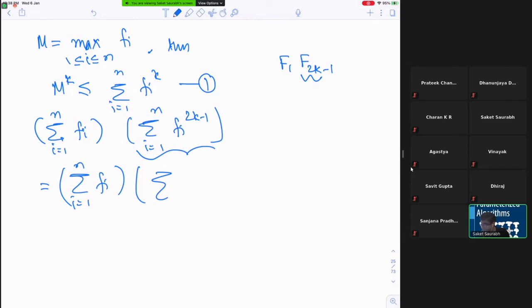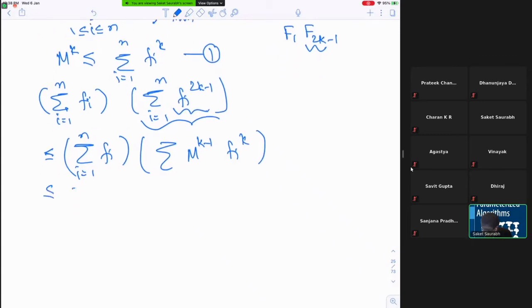So for a lot of these terms, what is M? It is the max of these f_i, right? So can't I write this as less than or equal to M to the power k minus 1 times f_i to the power k? I can write this, right? Yes, sir. Okay. So then I can write this summation of f_i, M^(k-1), and f_i to the power k.